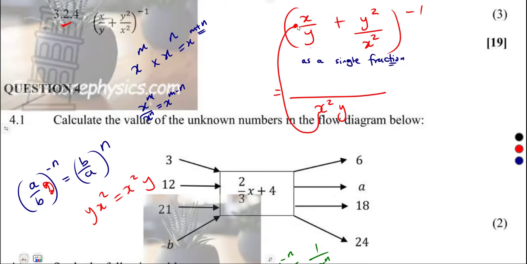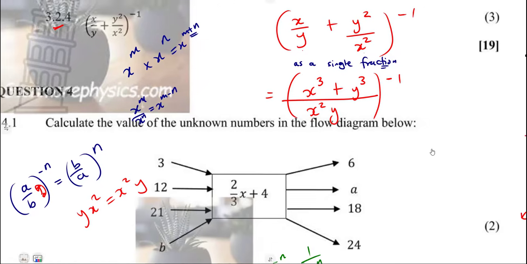Multiply to the numerator x squared times x, that's x to the exponent of 3, plus, if we divide to this denominator, x squared and x squared are going to cancel. So we are left with y times y to the exponent of 2, which is y cubed. All right, so this whole part is raised to the exponent of negative 1, like this.